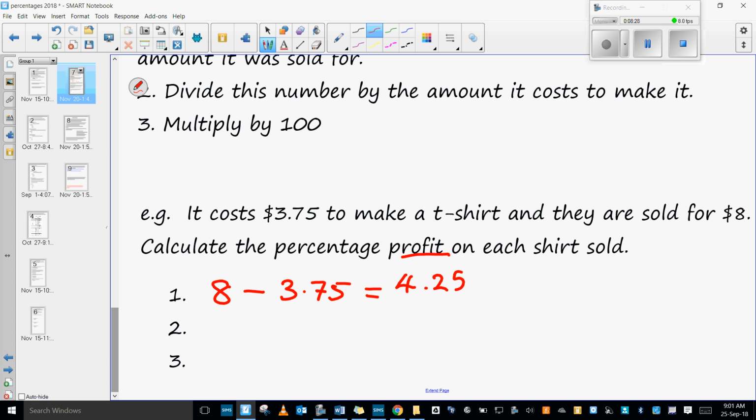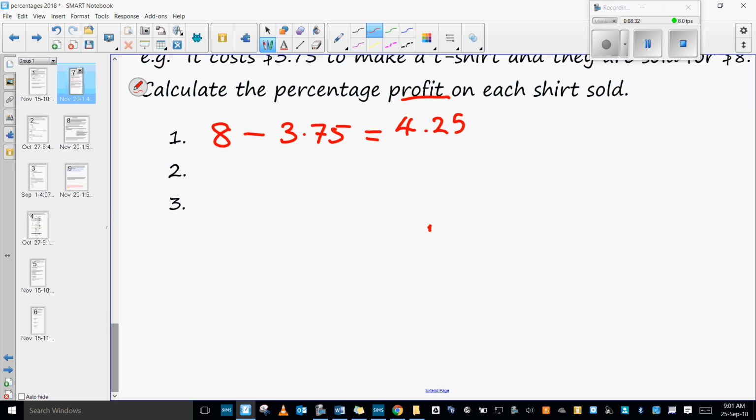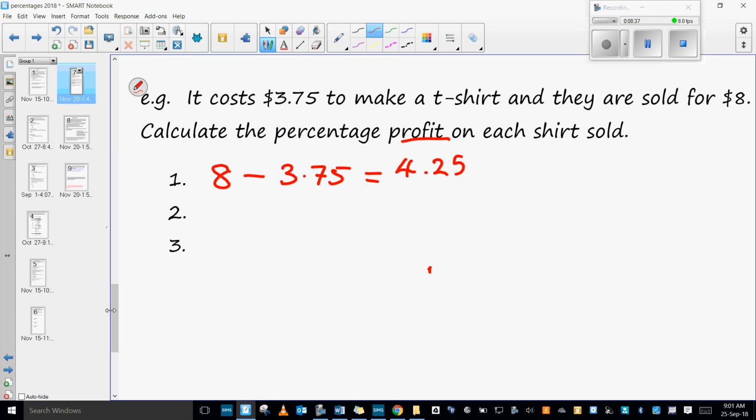So which one goes on the top? It would be 4.25. And then which one goes on the bottom? 3.75. Good girl. And then our final step is whatever this is here, we're going to then multiply that by 100, aren't we?